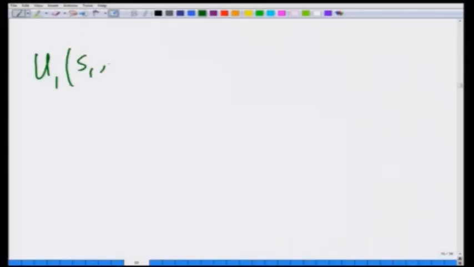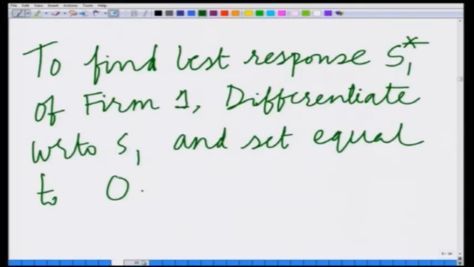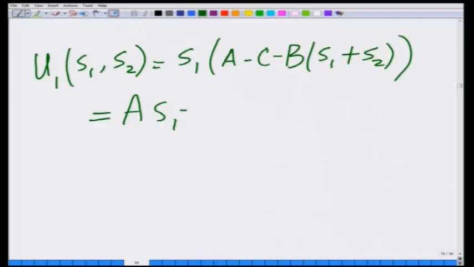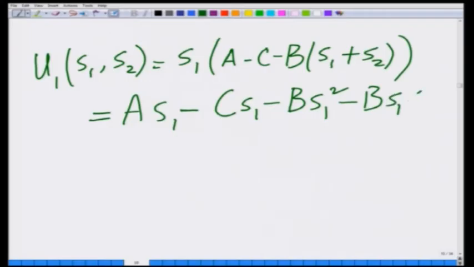We have U1 of S1 comma S2 equals S1 into (A minus C minus B into (S1 plus S2)), which is equal to A times S1 minus C times S1 minus B times S1 squared minus B times S1 S2.